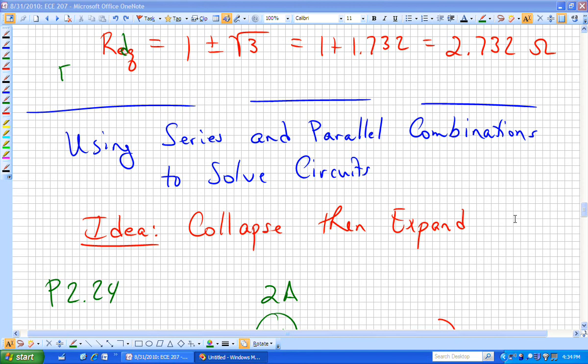Where were we? KCL at 3. I sub 7, that's going out of node 3, isn't it? Is there anything else leaving node 3?